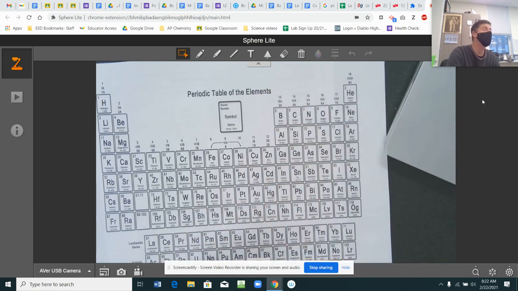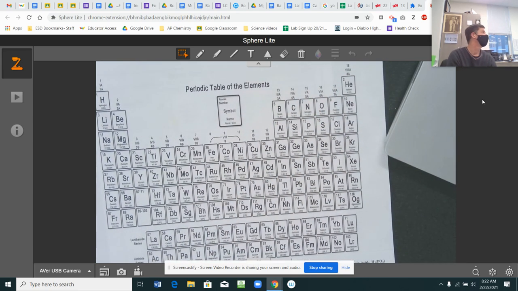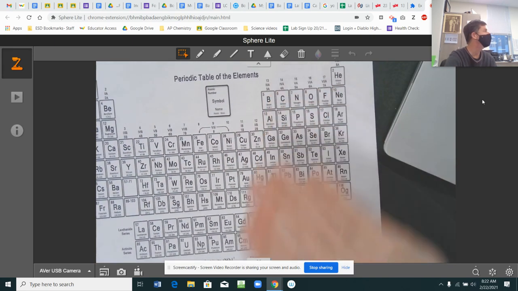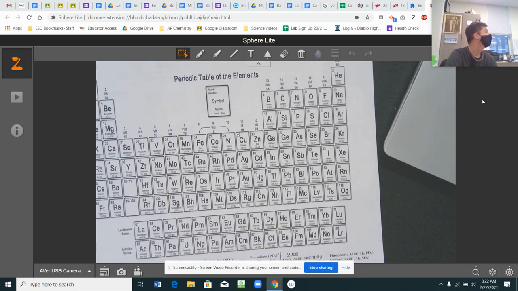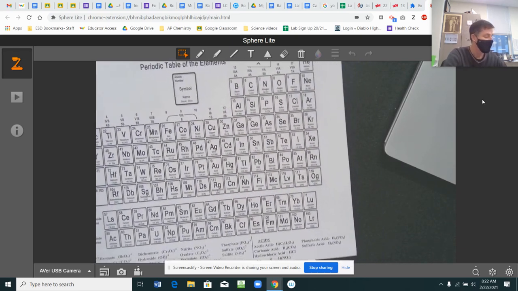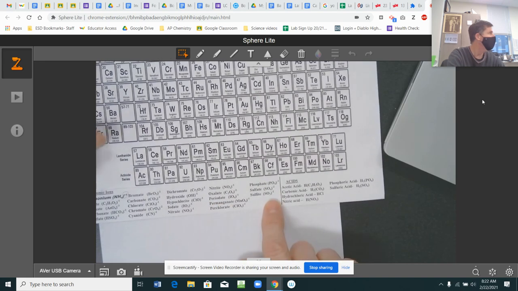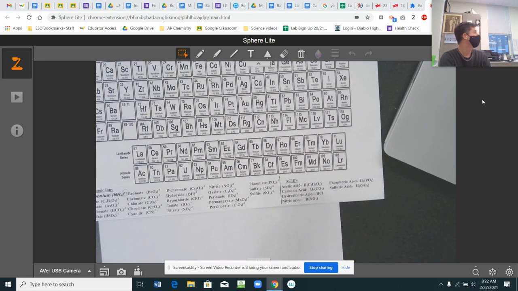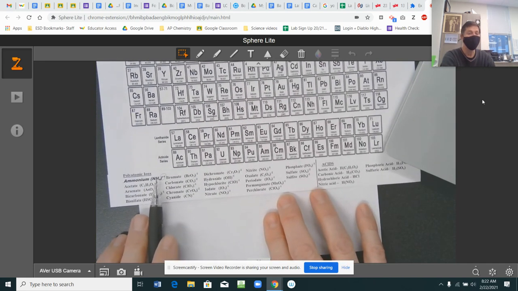So which things are we always going to be writing first? The metals, or what charges? The positives. We always write the positively charged things first. So because all these are negative, we always write them in the second part. That's the only one that will ever be written first because it's the only positive we use.